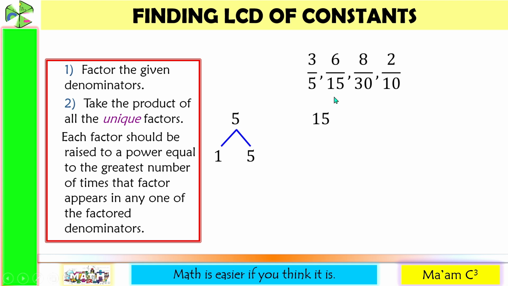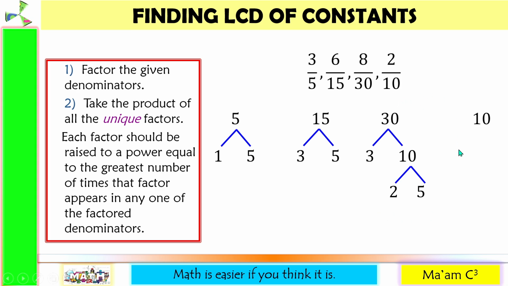Next denominator is 15. The factors of 15 are 3 and 5. Next denominator is 30. The factors are 3 and 10, and this 10 has factors as well, and those are 2 and 5. Last denominator is 10, and again, the factors of 10 are 2 and 5.